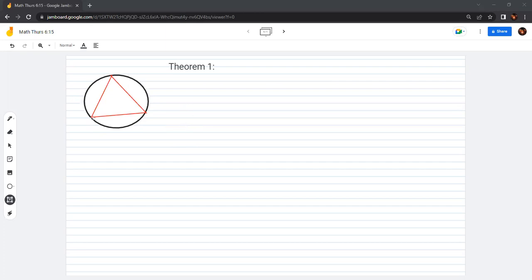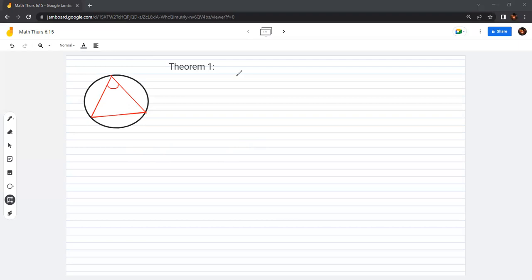we may have a chord and then the angle. You might have an angle being formed nearer your circumference or on your circumference. Now there's a rule for this one.